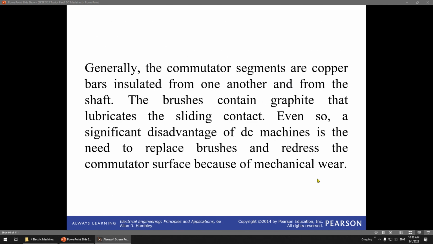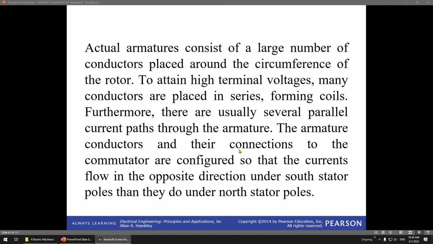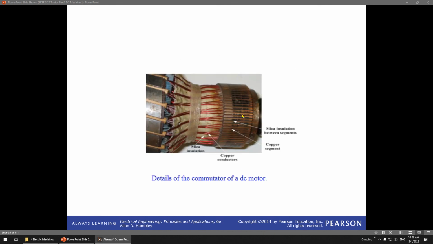Not too many pictures, so it's quite hard to explain to you. The explanation just shows that you can see here, this is the rotor, and this is the commutator. The brush will go to the wire here. This is the gap that the sentence mentioned.